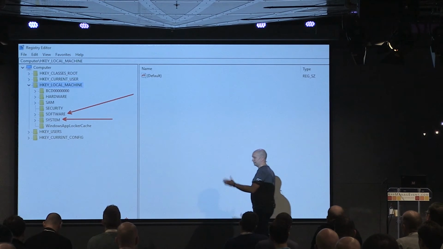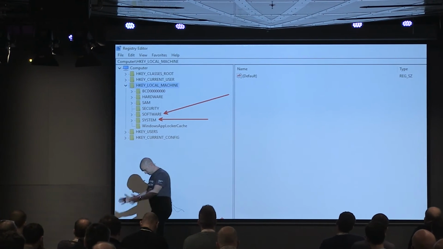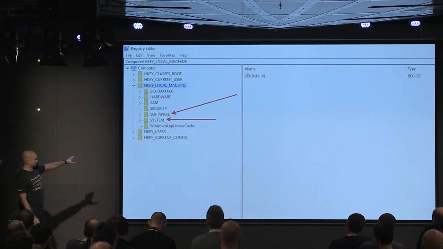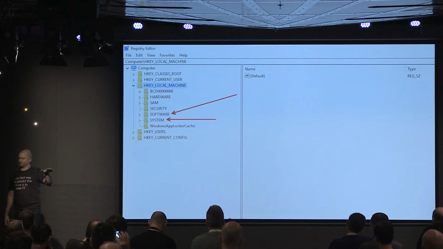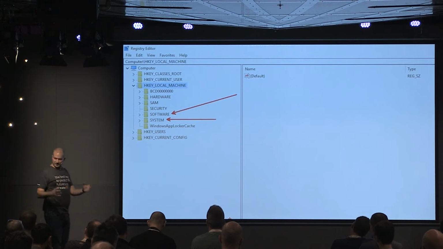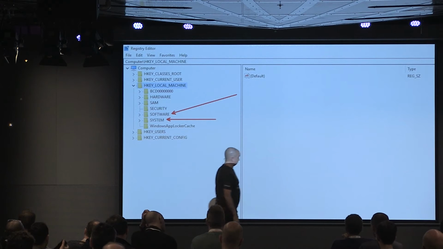You get things all over the place in totally different places, although there is strict documentation that states software has application settings that are not required for this operating system to boot. System should only have stuff that is required for this operating system to boot. But do they care? No.